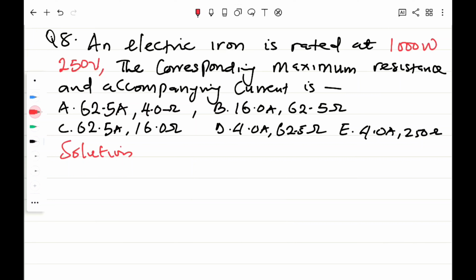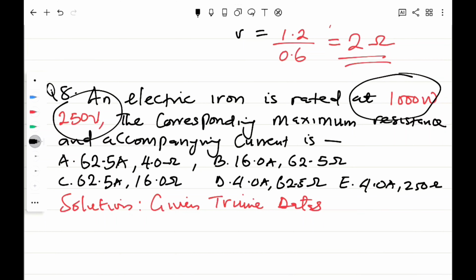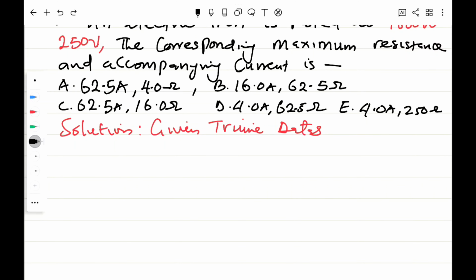Solution: the given data include the power, which is 1000 watt, and our voltage, which is 250 volt. The corresponding maximum resistance R is unknown and our I is unknown.